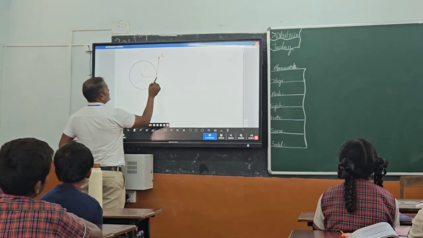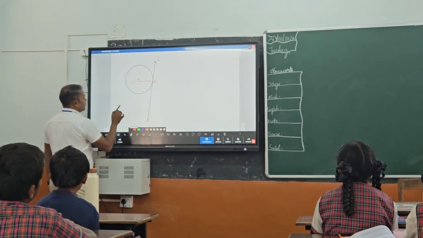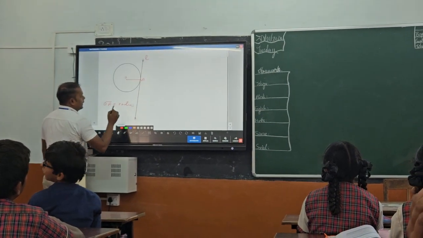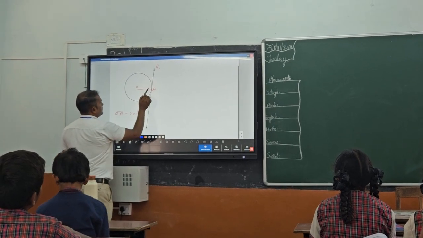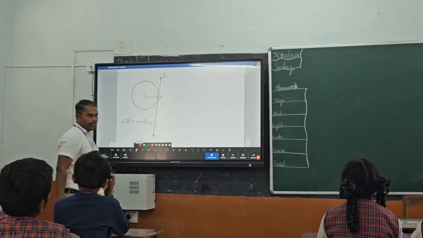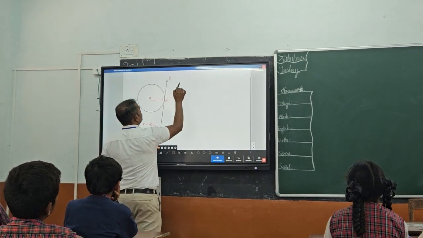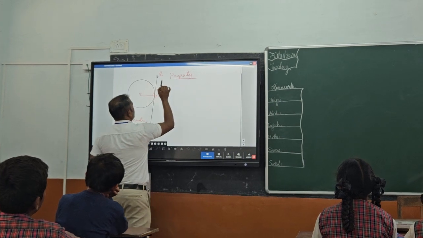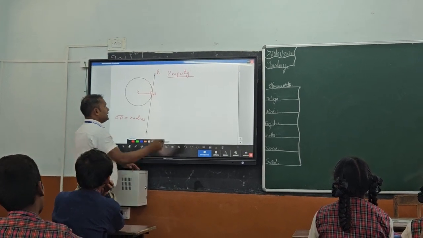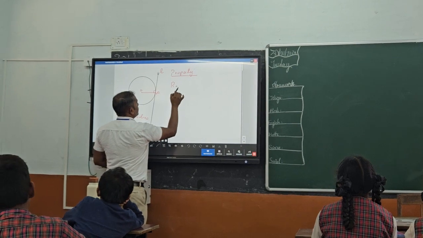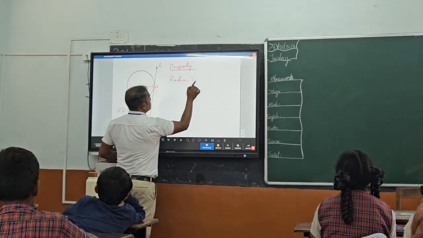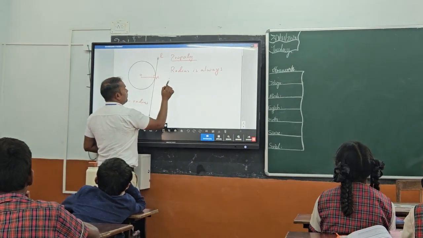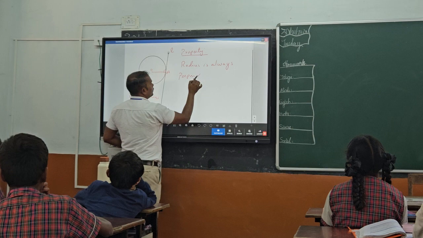Radius. Let this point be named A. So OA is a radius. Now the radius is always perpendicular to the tangent. This is a property of the tangent. Before finding the length of the tangent, we should know the properties of tangents and circles or the secant. So what is the first property? The radius is always what? Perpendicular. To what?